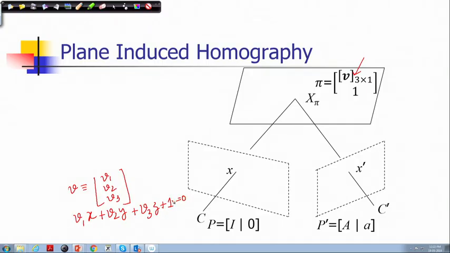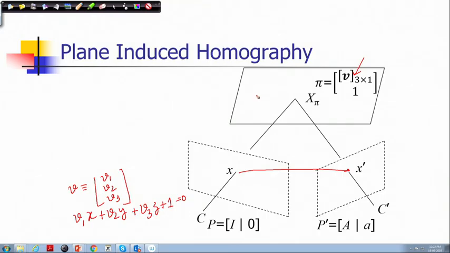So, that is the equation of the plane. Consider a point on that plane which is given here, x pi, and its corresponding image points x and x prime. So, we can show that there exists a homography between these 2 points.